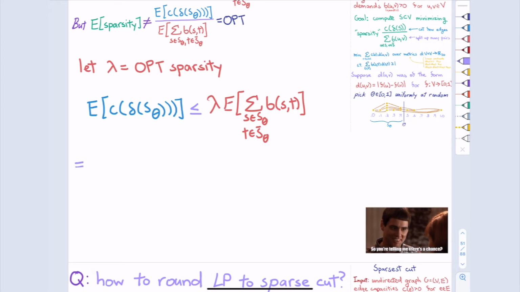That means there exists, which you can also write as this minus this is less than or equal to 0. But now that means there exists some theta where the value minus the value is less than or equal to 0. If it was always bigger than 0, then the average would have to be bigger than 0. So we just had to flatten it out first before otherwise doing the same argument.